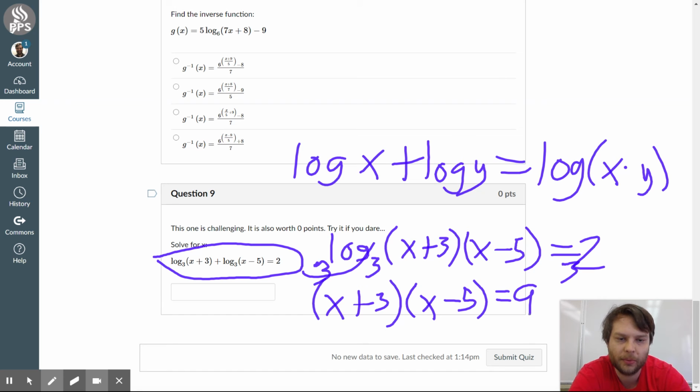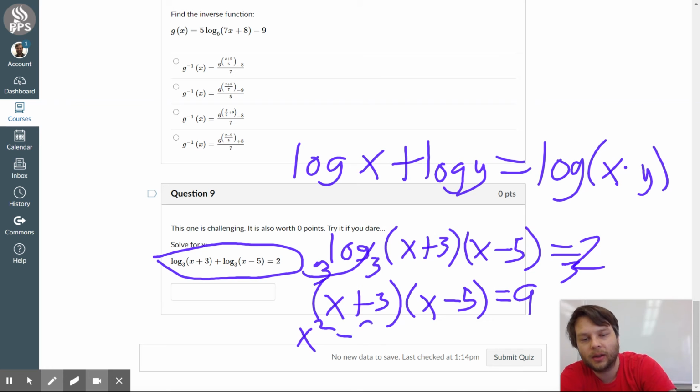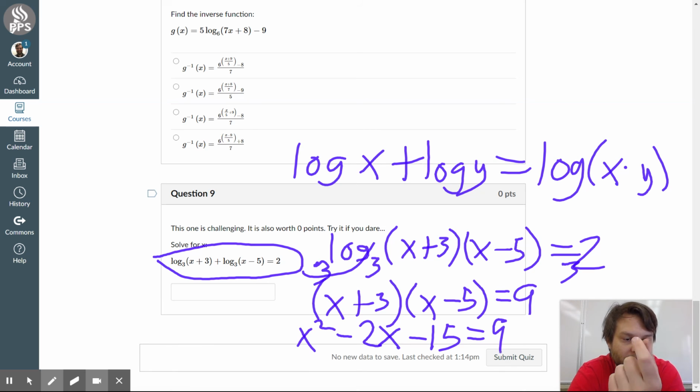So I actually need to do a little bit more work here. What I'm going to do is multiply everything out, 0 it out, factor it, and then we'll move on from there. If I FOIL this out, I got x squared minus 2x minus 15 is equal to 9. I combined the 3x and the negative 5x.